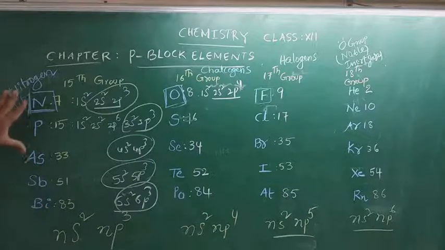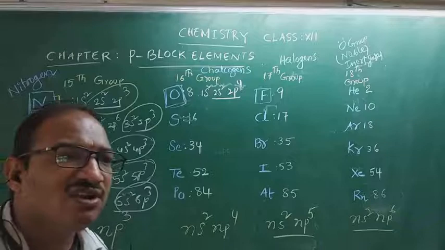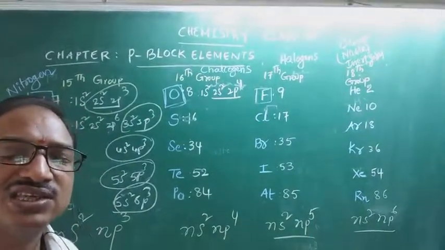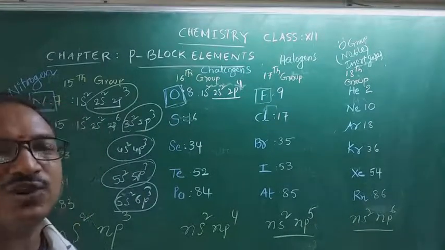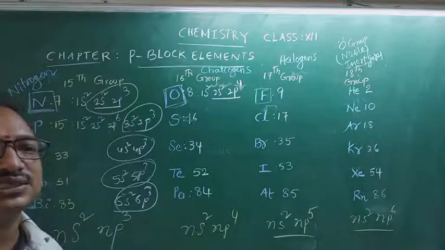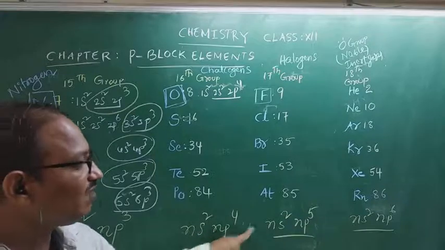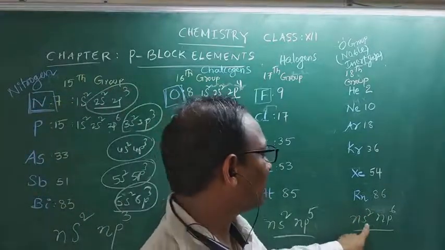Now, the general valence shell electronic configuration, that is the outermost shell or valence shell, whatever it is, same only. Valence shell electronic configuration is ns2 np3, 2s2 2p3, 3s2 3p3, like ns2 np3. For 16th group, ns2 np4, 17th group, ns2 np5, and 18th group, ns2 np6.